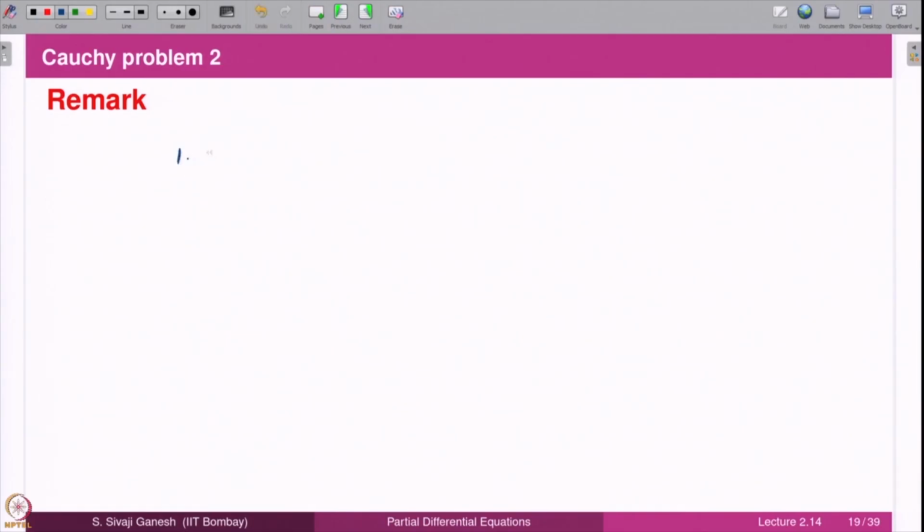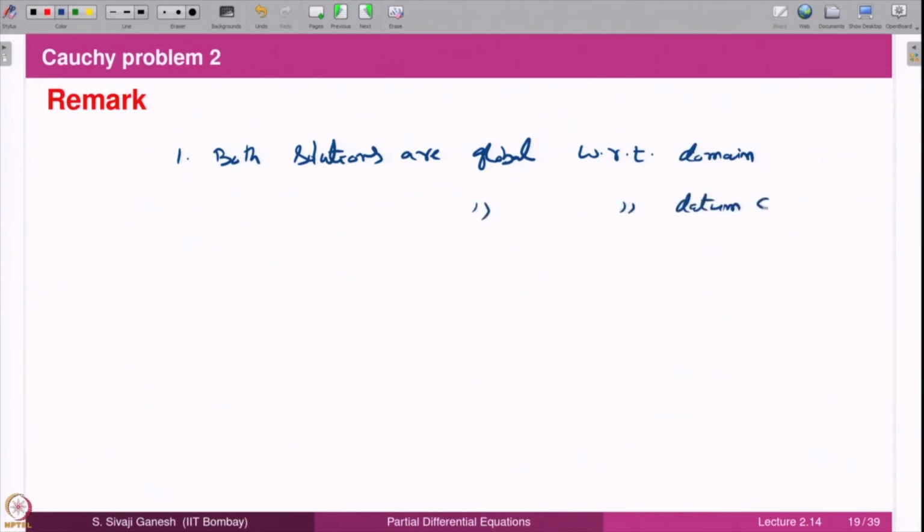So, here both solutions are global with respect to domain, and of course, once it is global with respect to domain, it is also global with respect to datum curve. Nonlinear equation global solutions. So, message is that nonlinear equations does not mean things are always going to be bad.